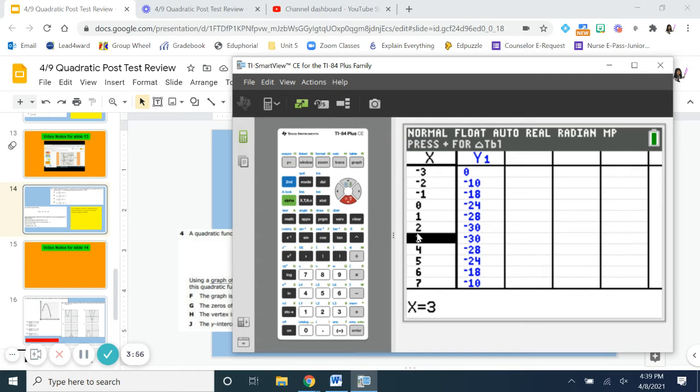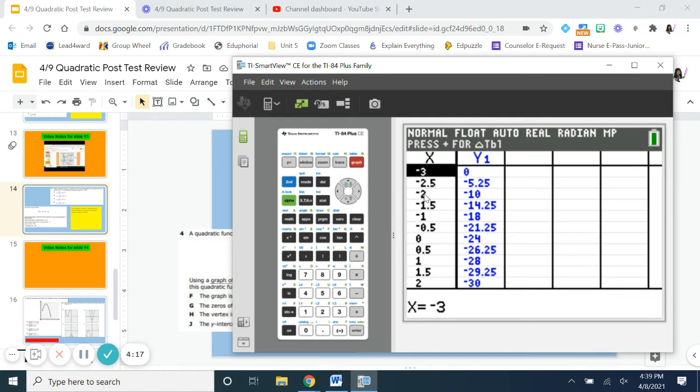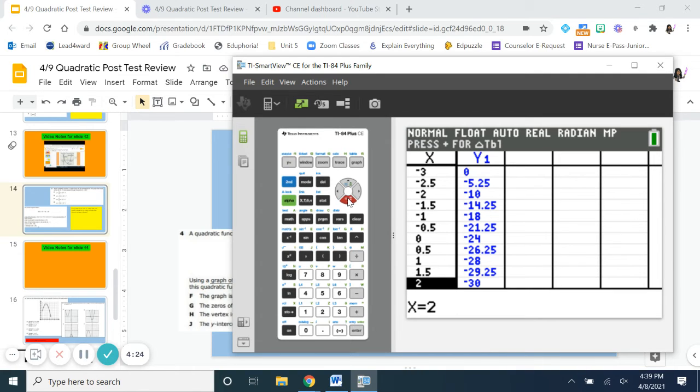So I need to figure out, well, what number did it hit in between? So I'm going to go to second window. I'll start my table at negative 3. I'll keep that there. And I want to put my table step, my TBL, at 0.5 because I want it to find in between those two numbers. And when I do that, I go back to my table and notice now all the x's have 0.5s. So I can see those in-betweens. And I wanted to look between the 2 and the 3.